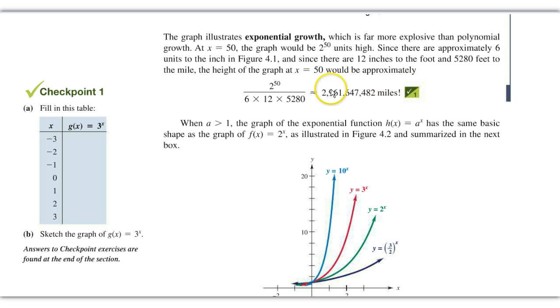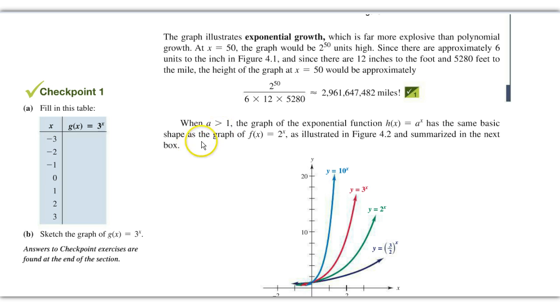And then we want to convert it to miles here. So we divide it by these things, and it would be over 2 billion miles. Wow. So that is really an example of exponential growth. Okay, and of course here our base is greater than 1.